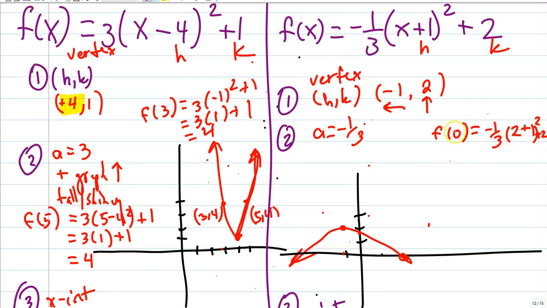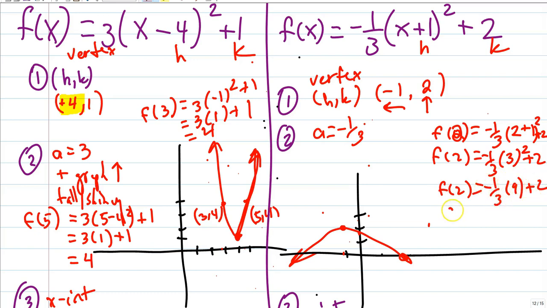So that's going to give us f of 2 now. It's going to give us negative 1/3 times (2 plus 1), which is now 3 squared. f of 2 is going to be negative 1/3 times 9, about negative 3 plus 2. I feel like I'm messing up somewhere. Guess it's going to be negative 1.